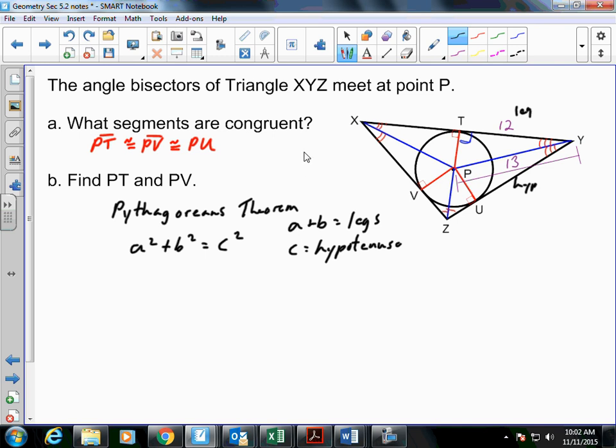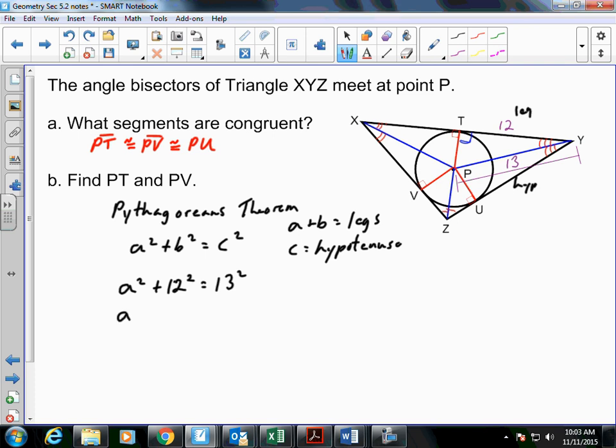So when I put those into the equation, I'm going to have a squared plus the leg, 12 squared, equal to the hypotenuse squared. So a squared plus 12 squared equals c squared, which is 13 squared.